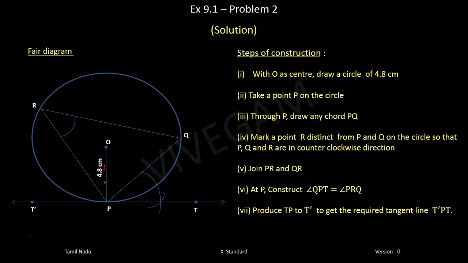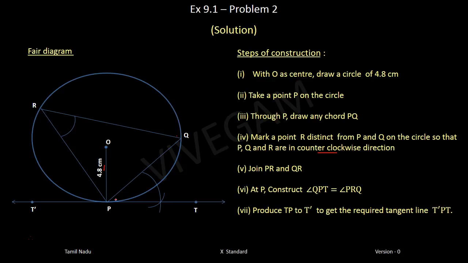But the key is you should not mark it between P and Q in this smaller segment. You have to mark it in the alternate segment. That is why they say you have to mark it in such a way that PQR is in the counterclockwise direction.